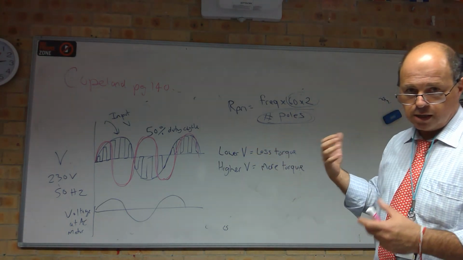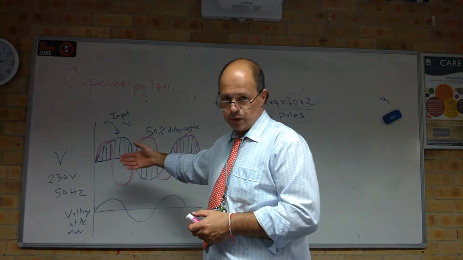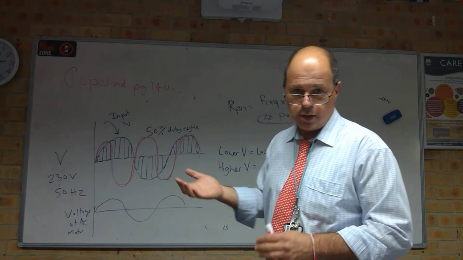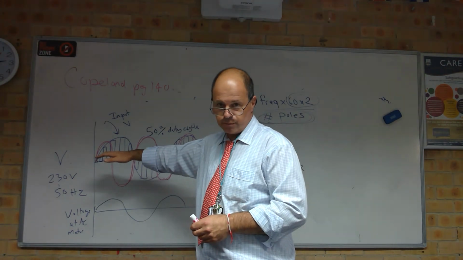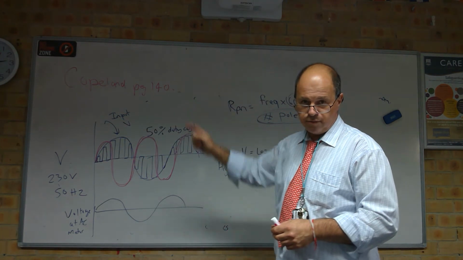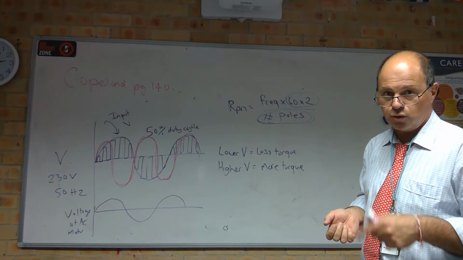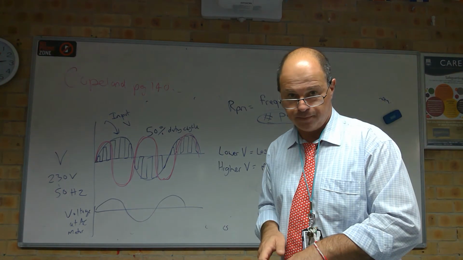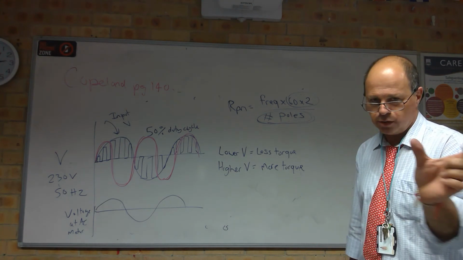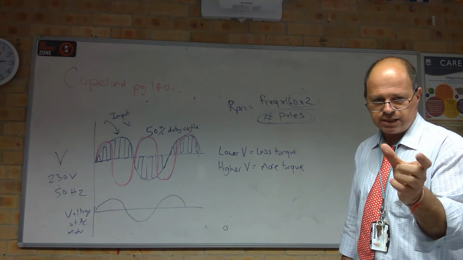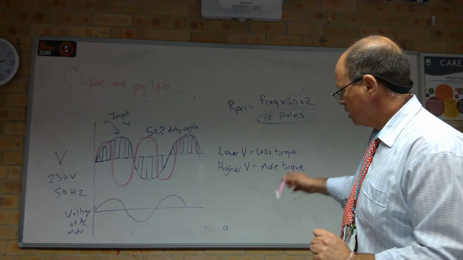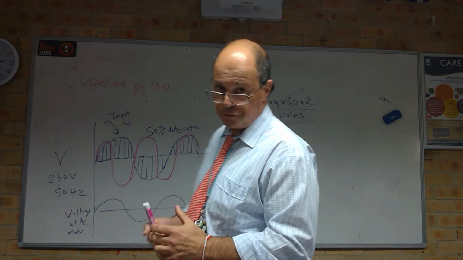By increasing the duty cycle, we're going to increase the torque as well. So just remember that duty cycle is going to determine your voltage, which is going to be the torque, and the frequency is what makes the thing go faster or slower for an AC motor. For DC, we just did pulse width modulation on the voltage, and that's how we controlled our speed. Hopefully that's helpful.